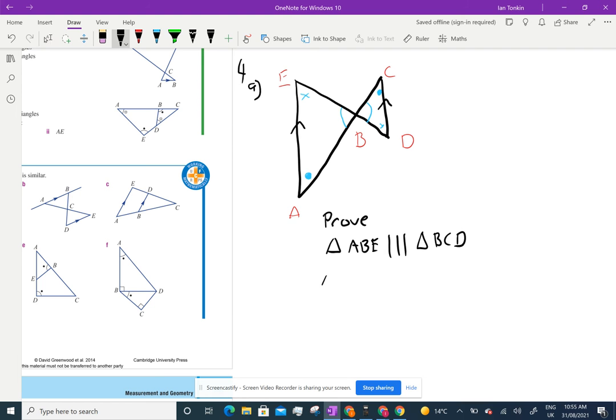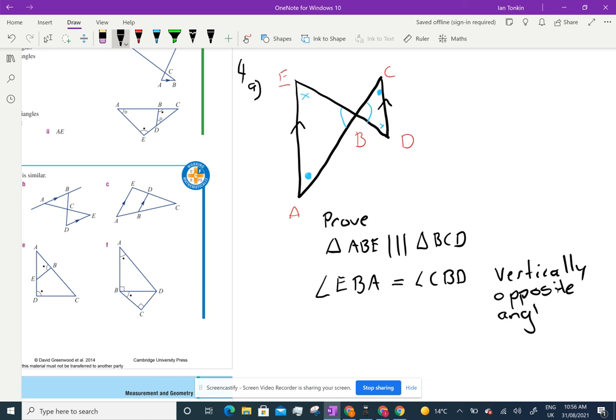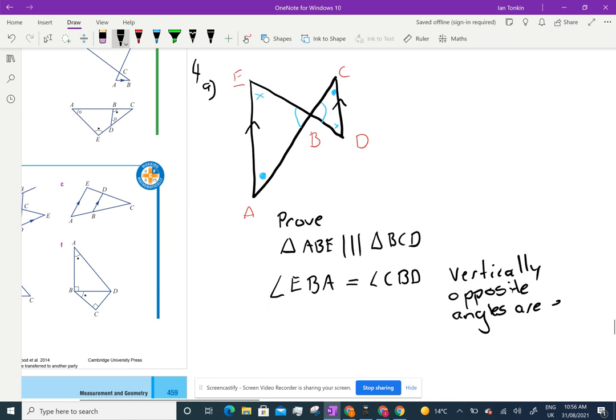So angle EBA equals angle CBD because they're vertically opposite angles, which are equal.